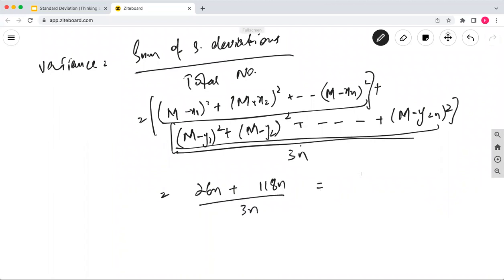What will be this value? This will be 144n divided by 3n, which is equal to 48. So I hope you got the point.